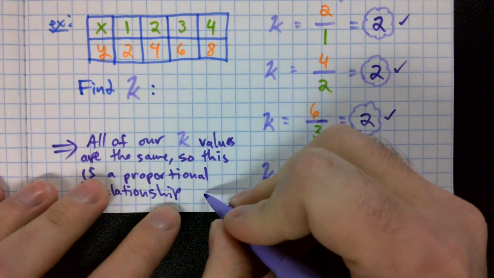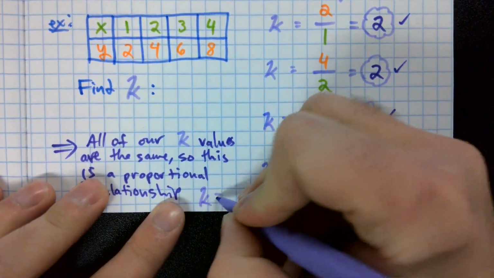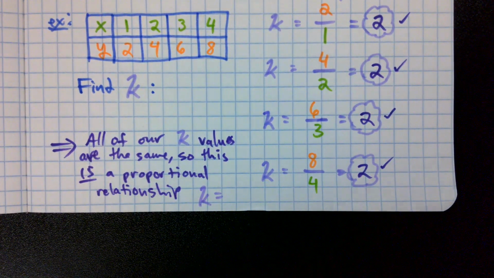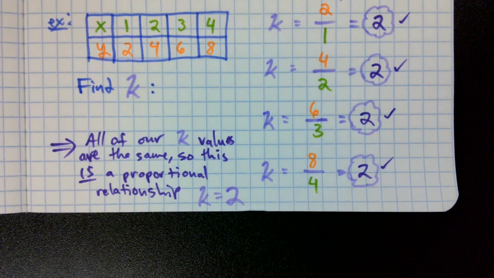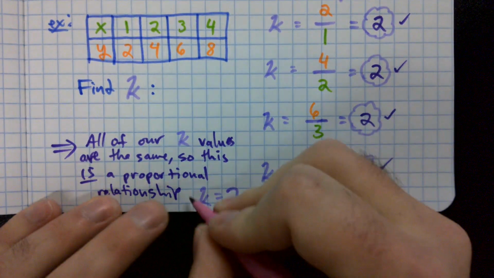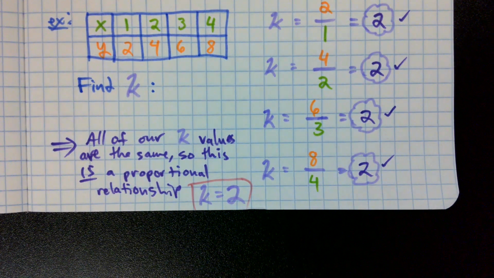Where k is equal to what? What's our k here? What number did we just find 4 times in a row? 2. K is equal to 2. Just like that.